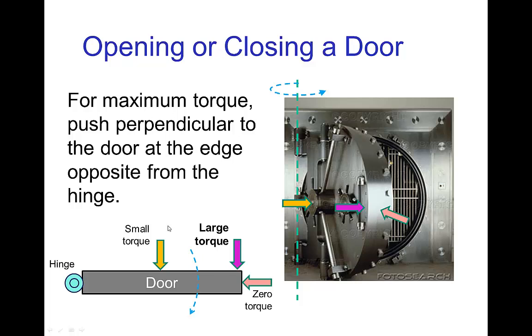If you instead push in the middle of the door, you have a shorter lever arm, and so you don't create as much torque with the same amount of force. And if, instead of pushing perpendicular to the door, you push into the side of the door, down the length of the door towards the hinge, then you don't rotate the door at all. So, of course, that's not how you apply a force in order to rotate a door.